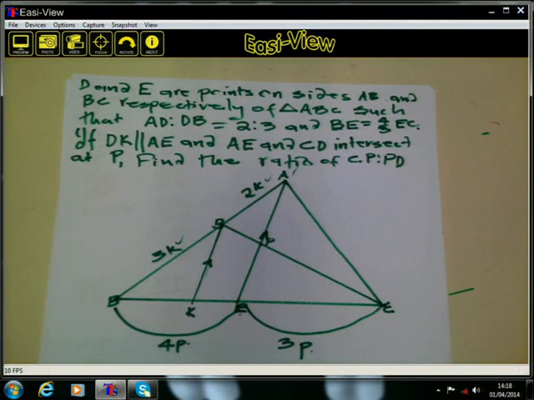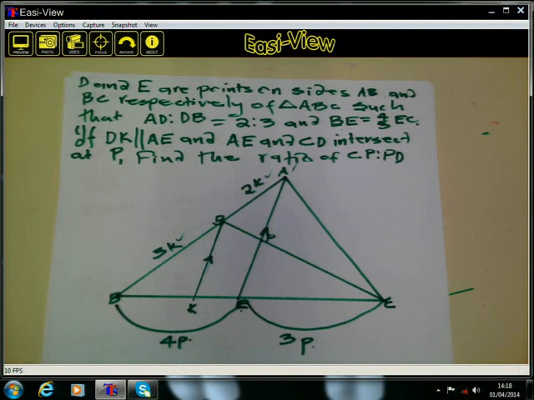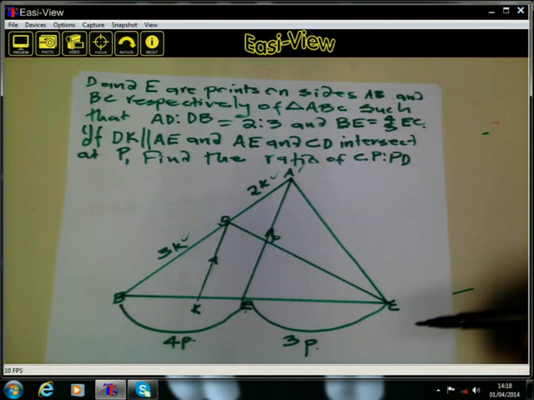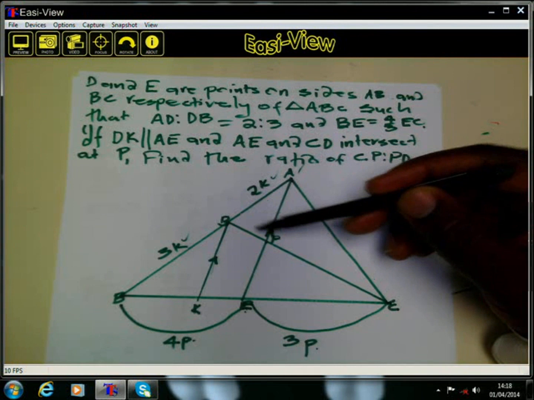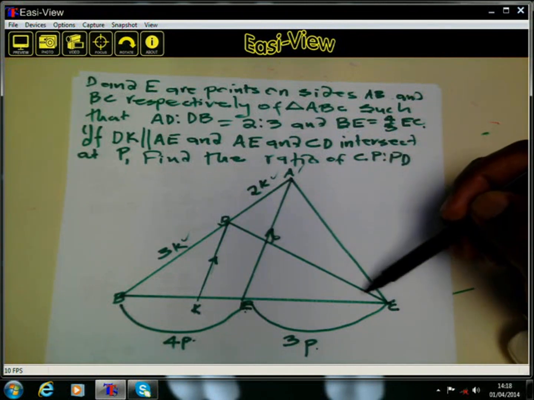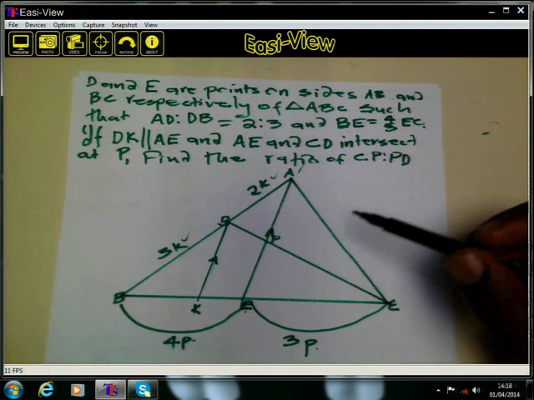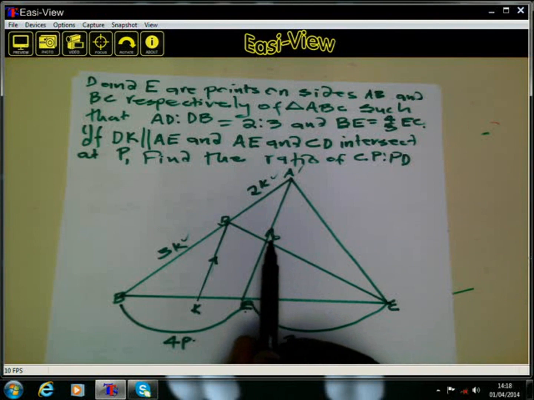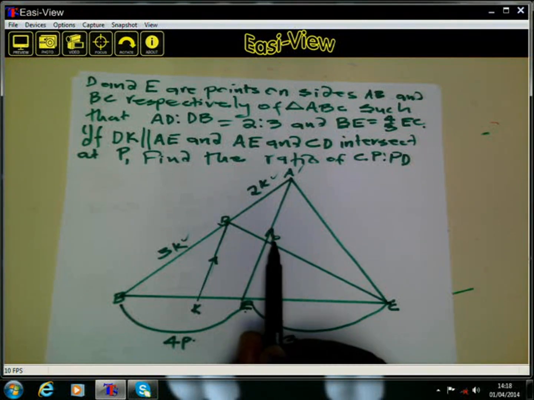Now, when you are confronted with this type of question, you first identify this side. What triangle do these sides belong to? It says the ratio CP is to PD.